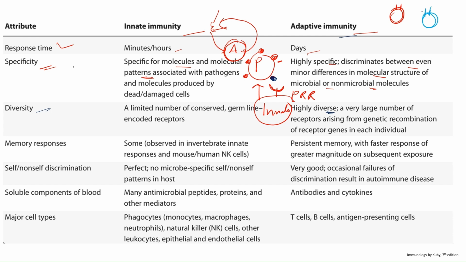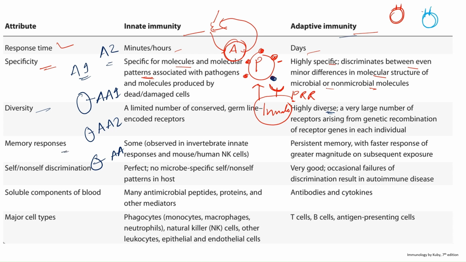If antigen A1 enters our body, we have adaptive immune cells for A1. If another antigen A2 enters, we have adaptive immune cells for A2. So these are highly specific for different antigens. Whereas in the innate immune system, whether it is A1 or A2, it may have the same response. So innate is general for all antigens, whereas adaptive is highly specific.